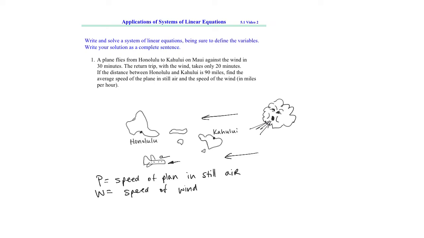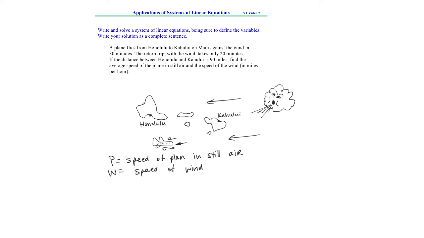That wind is kind of just pushing the plane back just a little bit. So the actual average speed that the plane is going would be its true speed in still air, and then it's fighting against the wind. So the wind is slowing it down just a little bit.